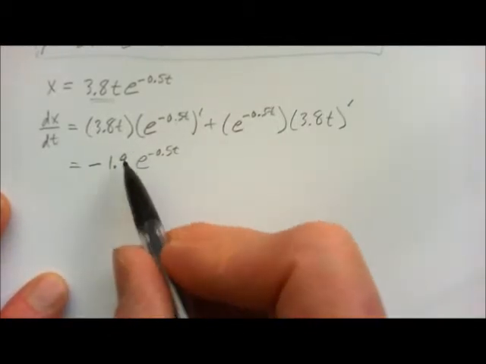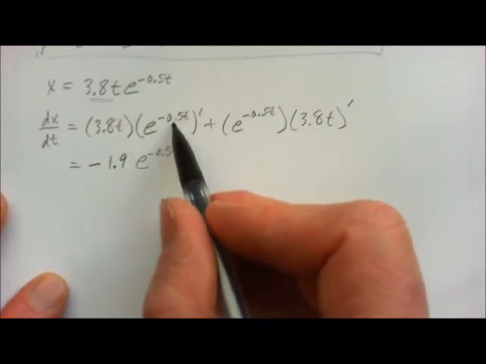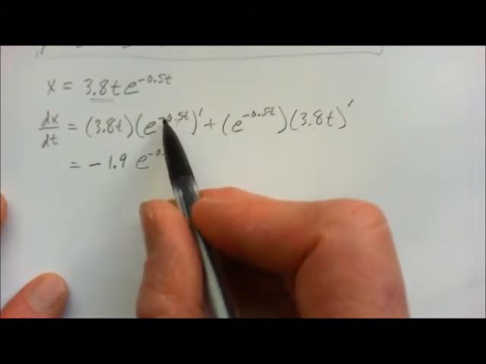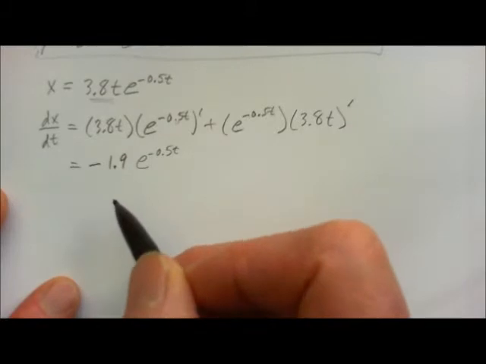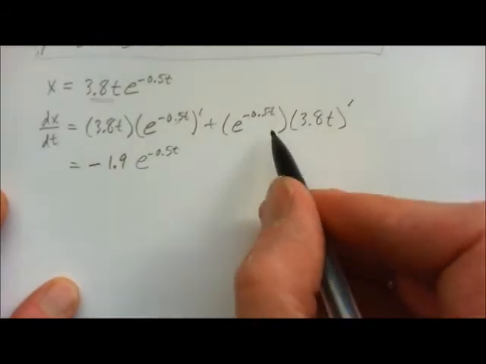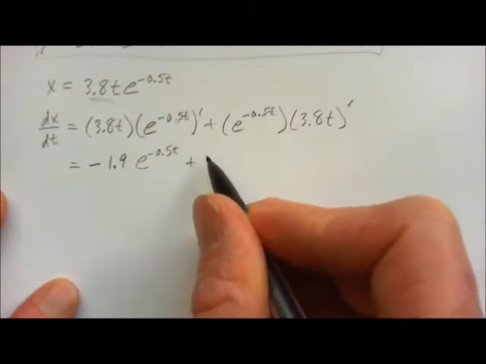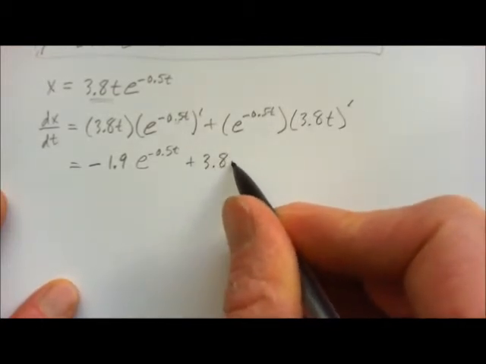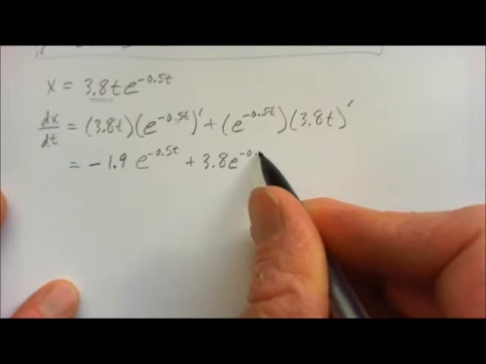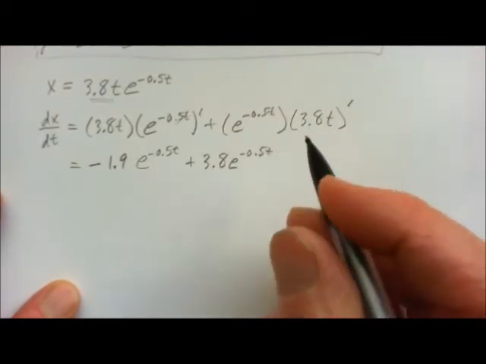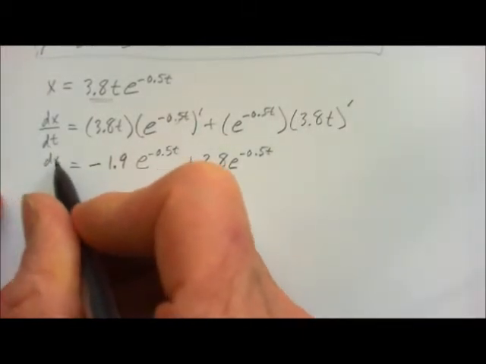Okay, so again, this 1.9 is coming from a negative 0.5 we'll get from the chain rule here times that 3.8. Over here, the derivative of 3.8t is just 3.8, so this is going to be plus 3.8 e to the minus 0.5t. And that, in fact, is our final answer.